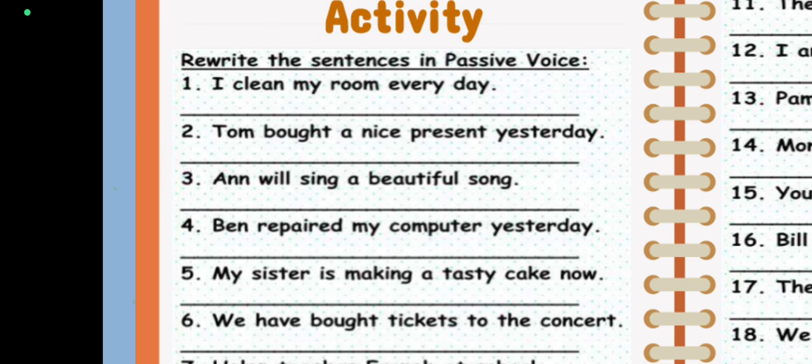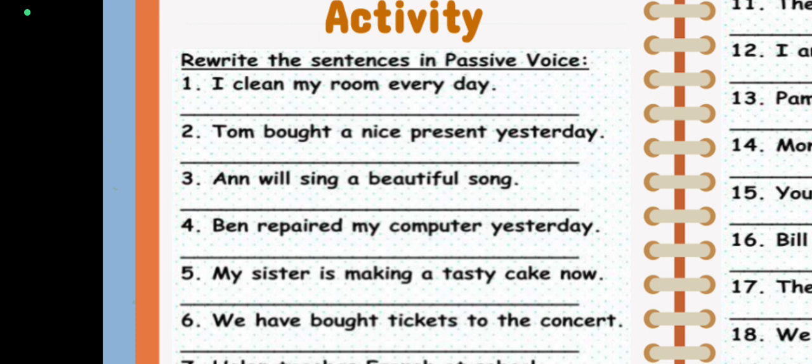Okay. The object is the present, or a nice present. A nice present were bought yesterday by him. Okay, you can also say by Tom. No worries with that. Okay.